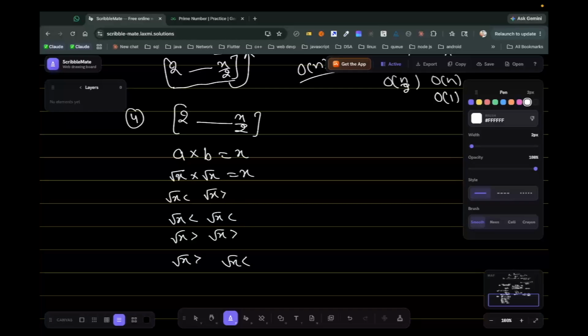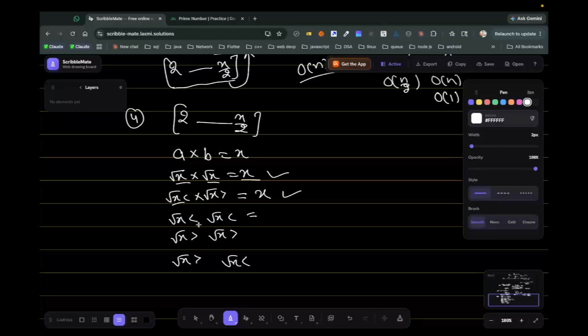Now if both the roots are root x, then we will get multiplication equal to x. If one of the roots is less than root x and the other is greater than root x, then their multiplication might lead to x, right? This is also right.